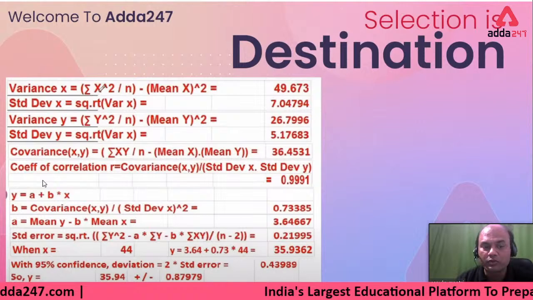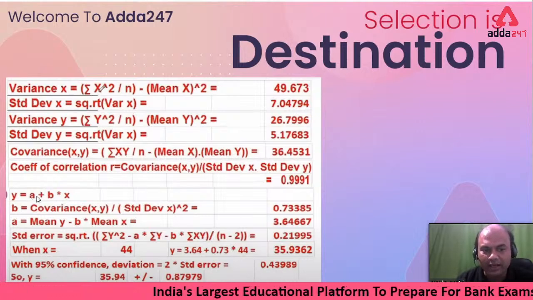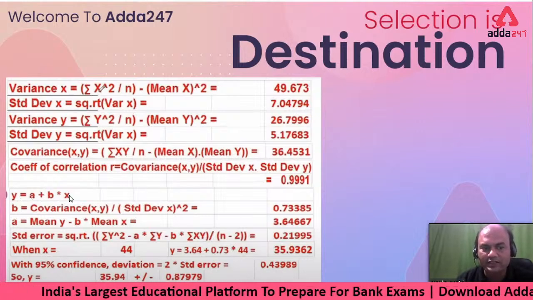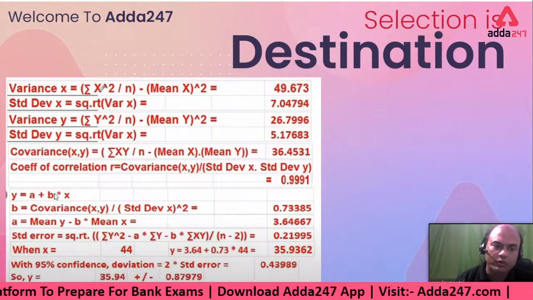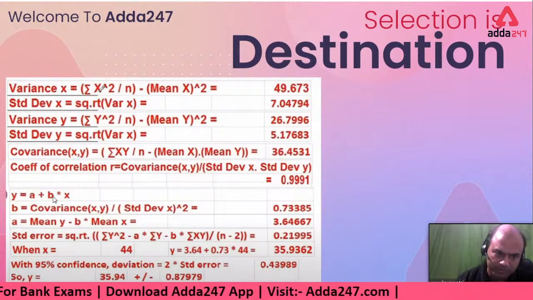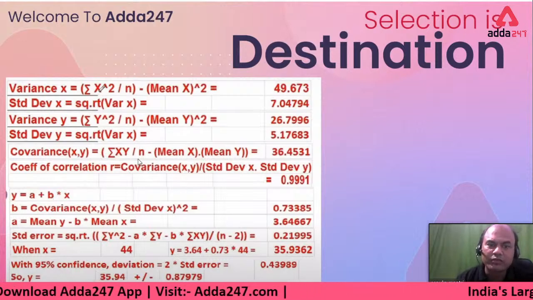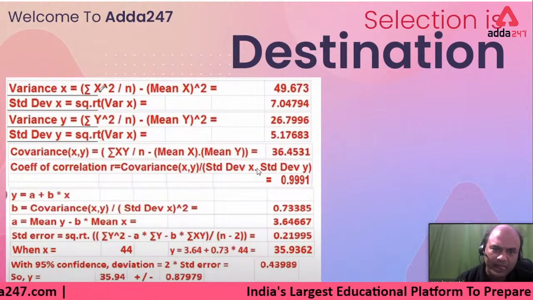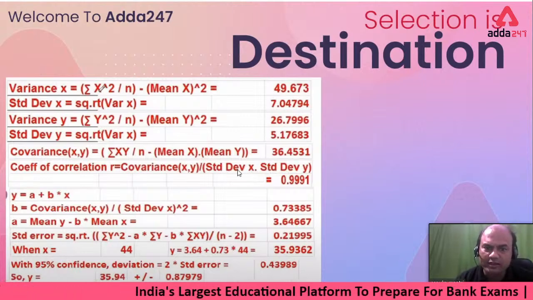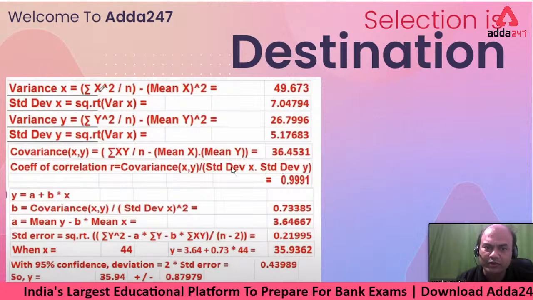Now what we have to do is just find the values of a and b. Once you find a and b, y and x are variables; they remain as they are. So how to find a and b? First find b. What is the formula for b? Same formula as over here, except that these two, standard deviation x and standard deviation y, we don't use.